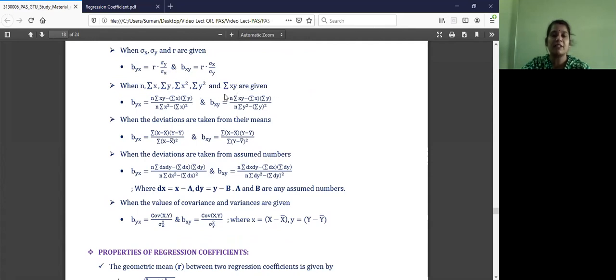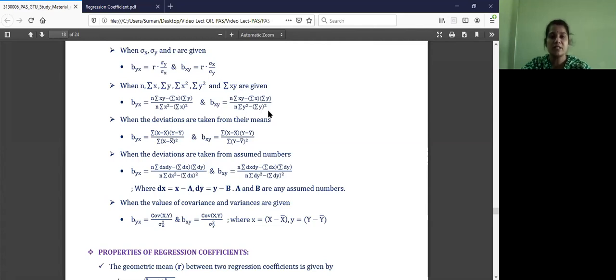In case these values are given, we find the two regression coefficients, byx and bxy. So the formula is n summation xy minus summation x into summation y, divided by n summation x square minus summation x whole square, and the regression coefficient bxy is equal to n summation xy minus summation x into summation y, divided by n summation y square minus summation y whole square.